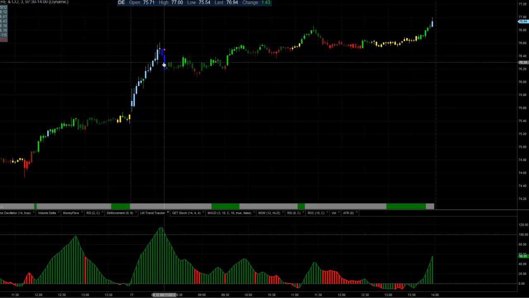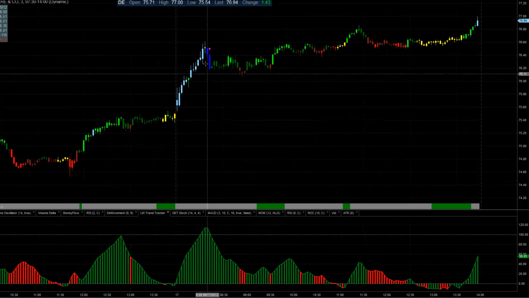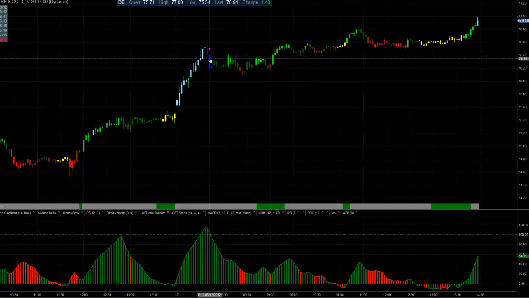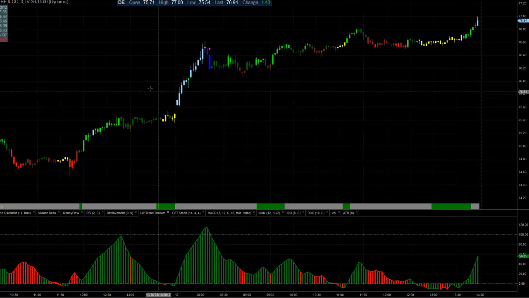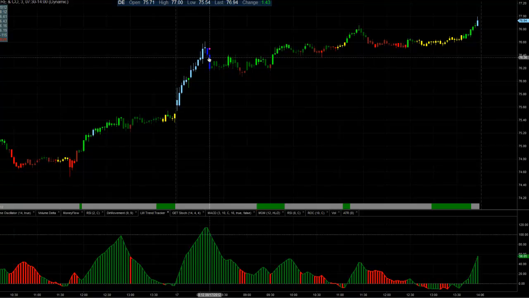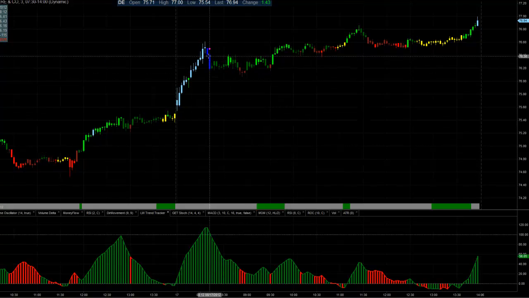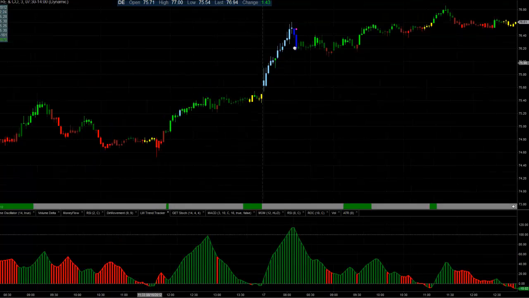So it's still printing blue, it's still above 100, but actually the trend strength is decreasing. I wanted to be able to see that this blue candle is not the same as that blue candle. Price can be lower than the previous candle and the trend strength can still be rising, so it's not as obvious as where price is relative to the last candle. You really have to look for these blue candles.